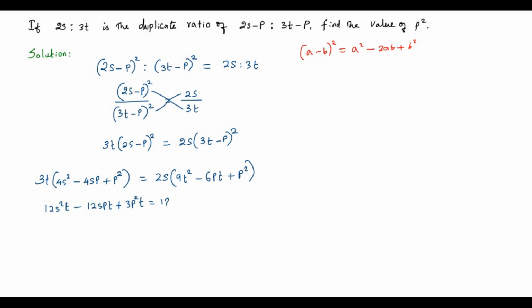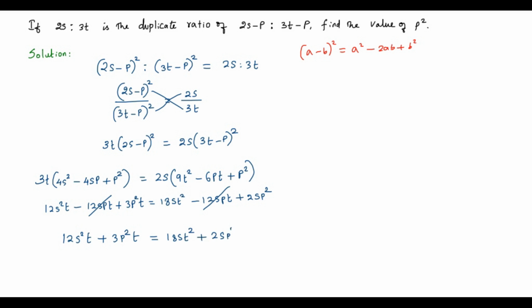On the right side it is going to be 18 st square minus 12 spt plus 2sp square. On both sides we find minus 12 spt, so we can cancel them. We get 12 s square t plus 3p square t equal to 18 st square plus 2sp square.